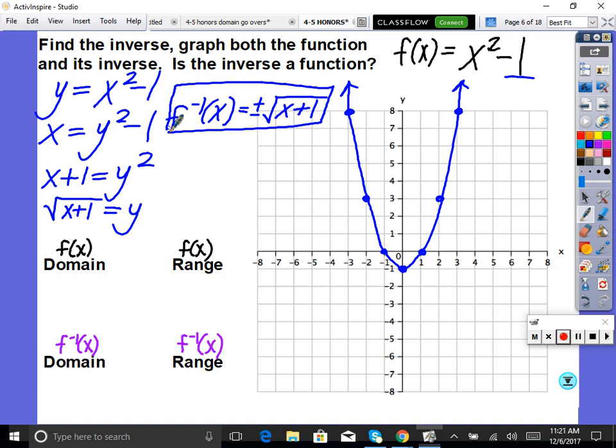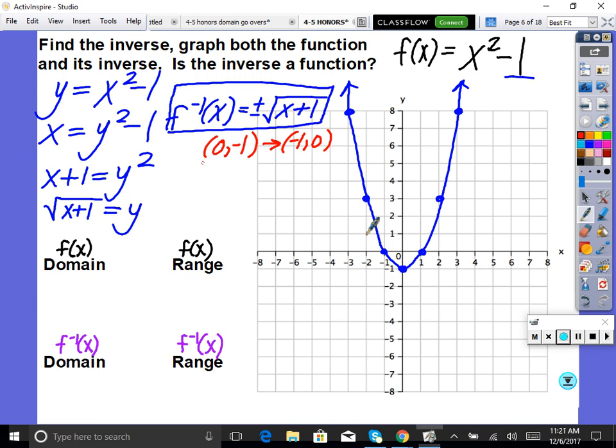So when solving, we do an even root. We can't forget plus or minus. Now let's graph that. So when I switch x and y, everybody, look, over 0, down 1. Wouldn't that be over 1? Let's write it out for the video. So over 0, negative 1 would be negative 1, 0, wouldn't it?